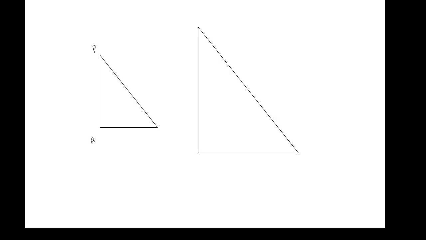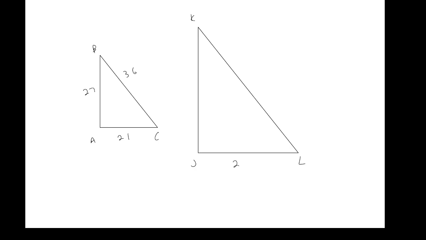We're going to take this triangle A, B, C, and then we have J, K, and L. Okay? So here are the measurements: 21, 27, and 36 for the side lengths for ABC.